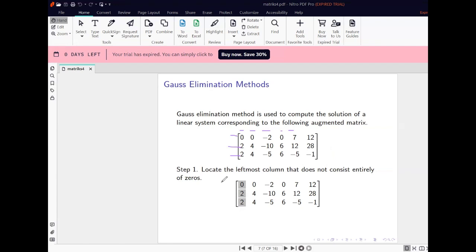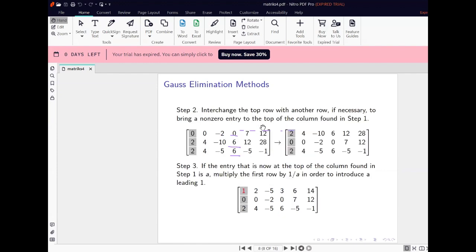Okay, first, locate the leftmost column that doesn't consist entirely of zeros. This is the leftmost column that doesn't consist entirely of zeros. Next, we have to change these two into one. I'm sorry, the next step is to interchange 2 rows.